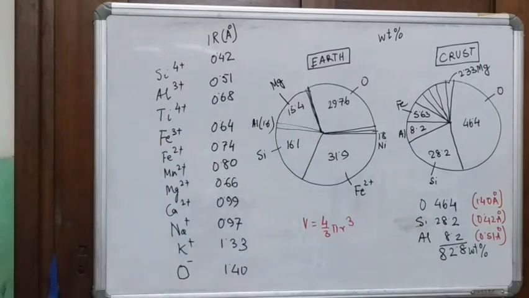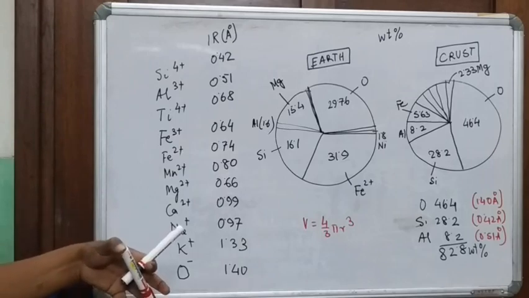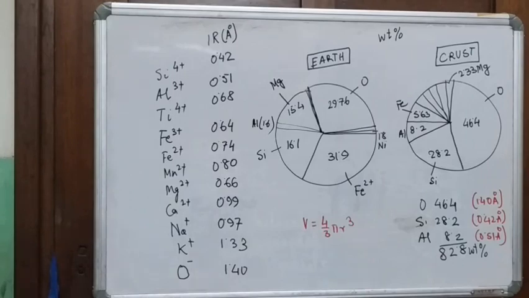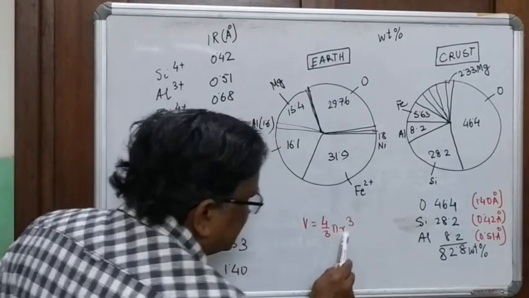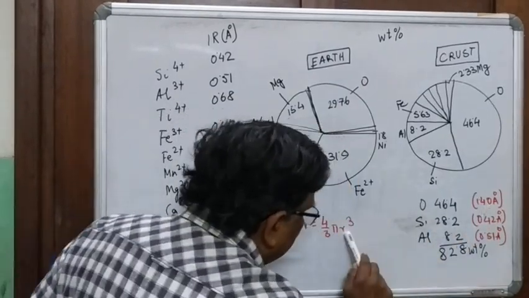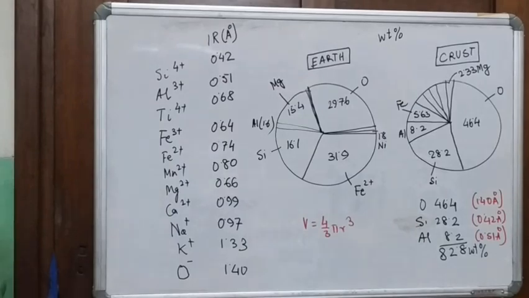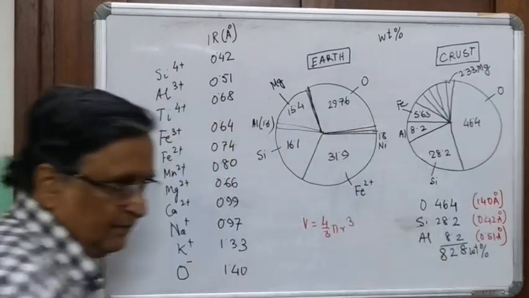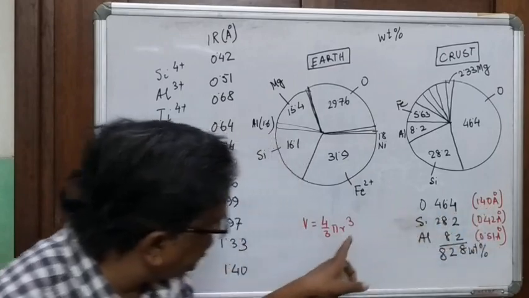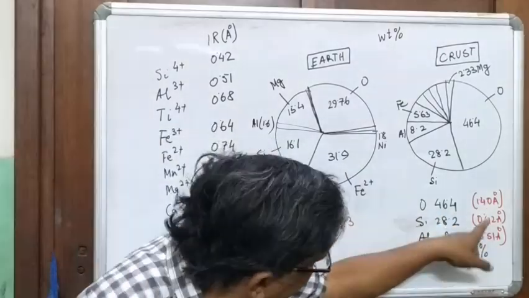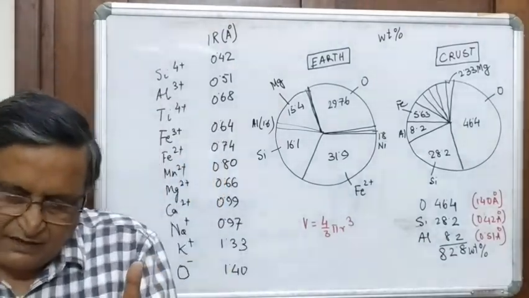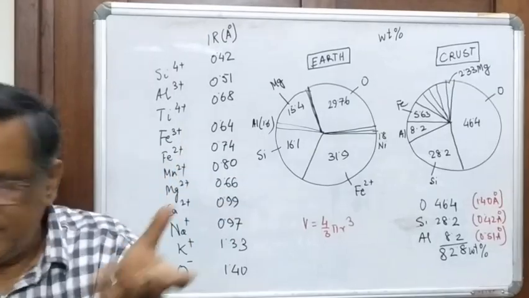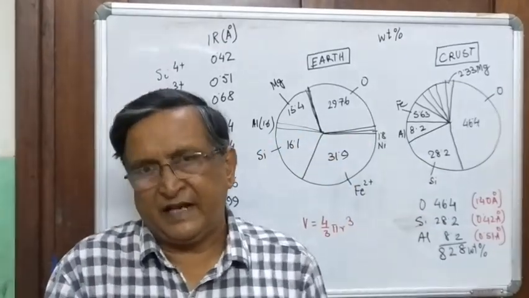That is volume. So if I want to convert this weight percent into volume, you can imagine this r is cubed. This high value is cubed, and these two low values are also cubed. So if you take the volume percent of the elements, you can do it yourself. These are very simple calculations.